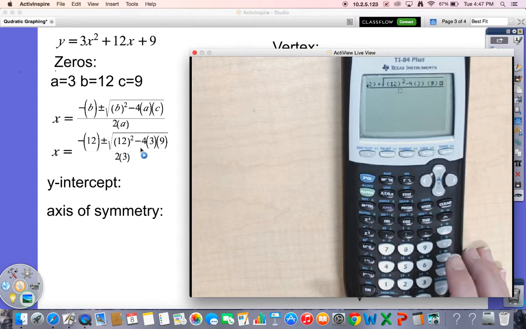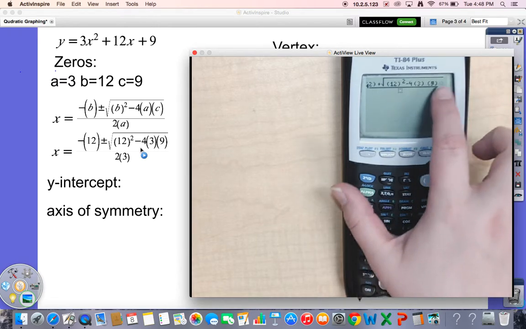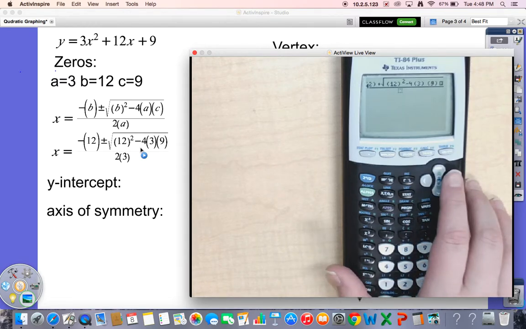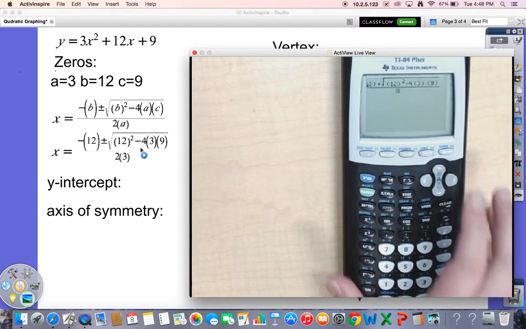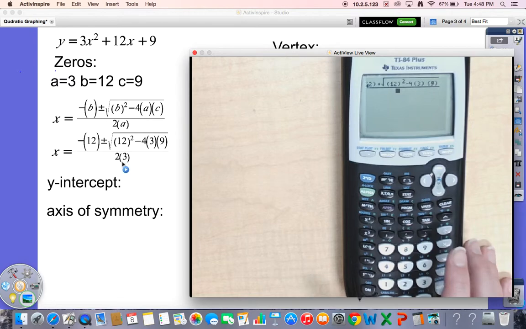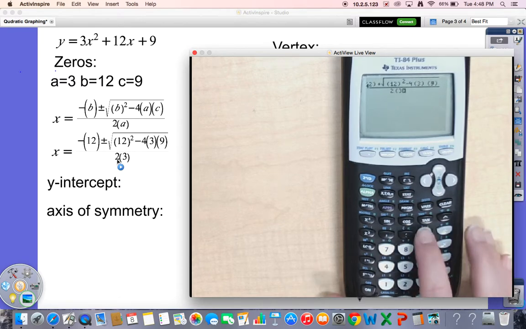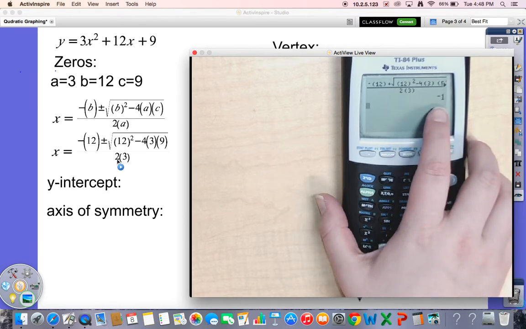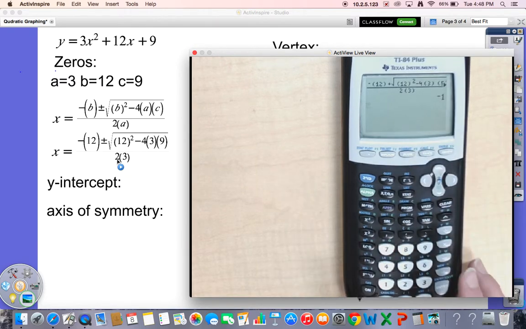Recall that in order to get out of the top of the fraction and get to the bottom of the fraction, we are going to use our right arrow key. Now that we are in the denominator, we are going to type 2 parentheses 3. We can hit enter. Our first zero is at negative 1, 0.